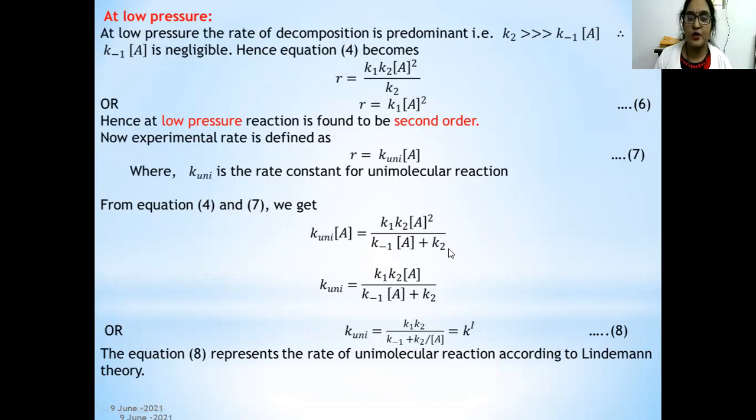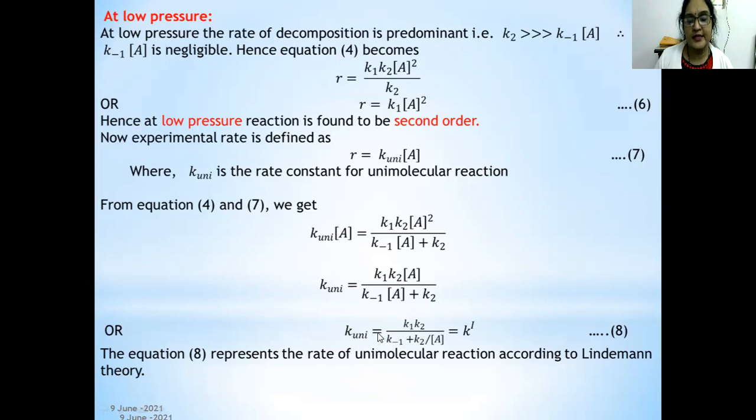What do we do now? We divide both sides by concentration of A. Then k uni concentration of A divided by concentration of A is only k uni. Dividing the right side by concentration of A, I get k uni is equal to k1 k2 concentration of A divided by k minus 1 into concentration of A plus k2.